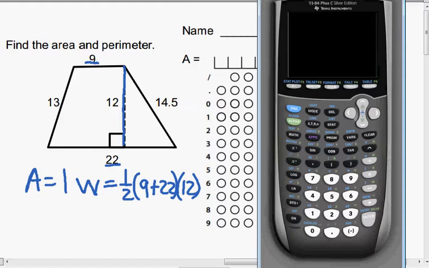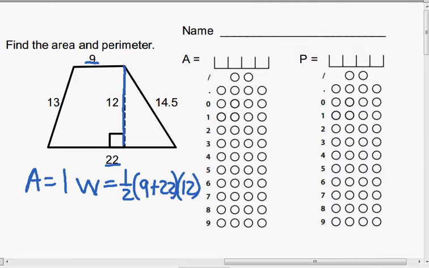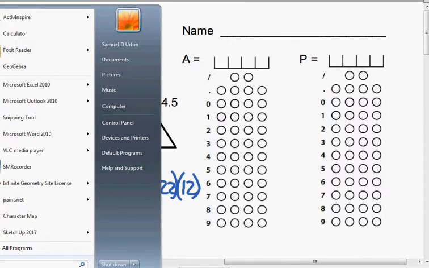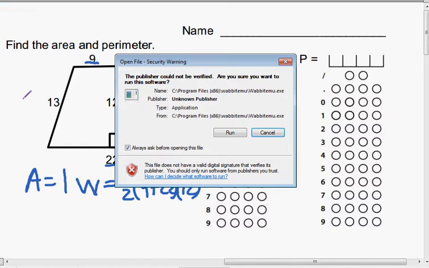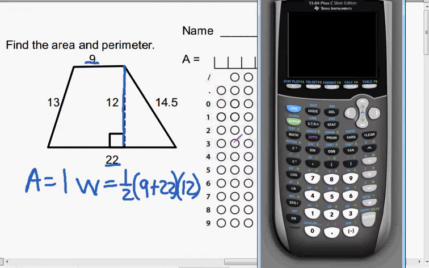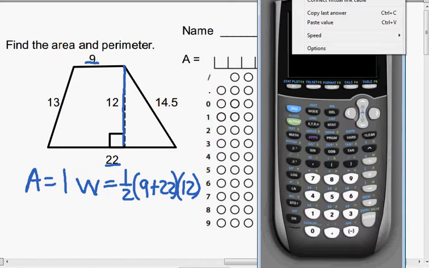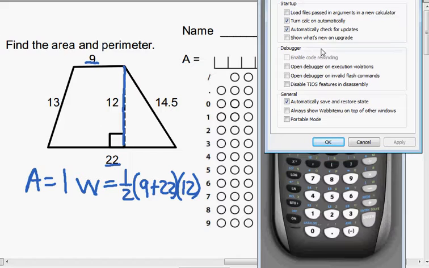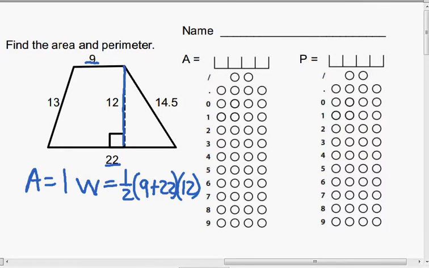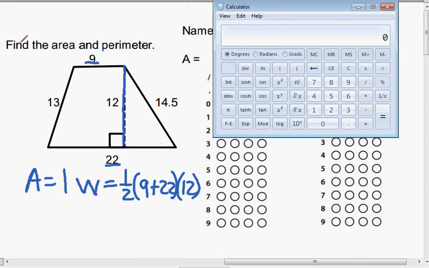So let's go to the calculator if I can get it to work. Okay, I'll use the regular calculator since I can't get the school calculator to work.